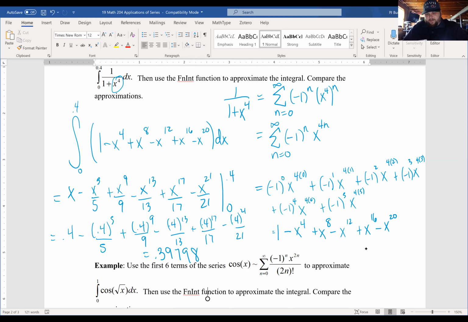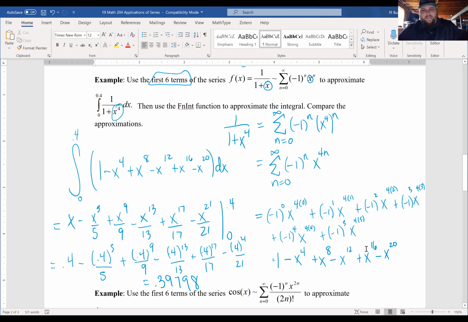And it comes out exactly the same. So we only used 6 terms, and out of 10 decimal places, it's accurate.